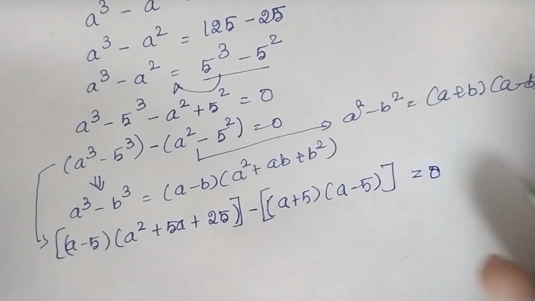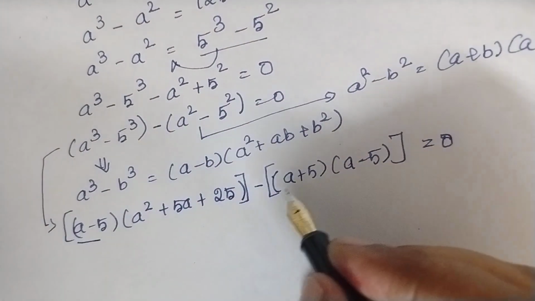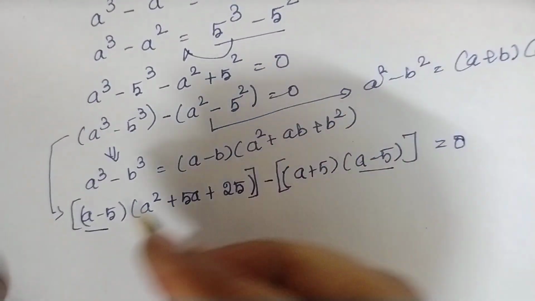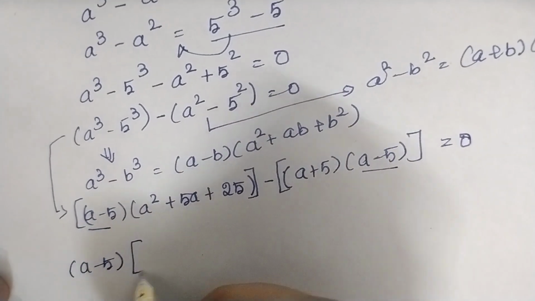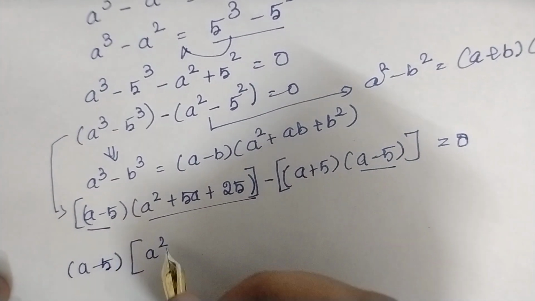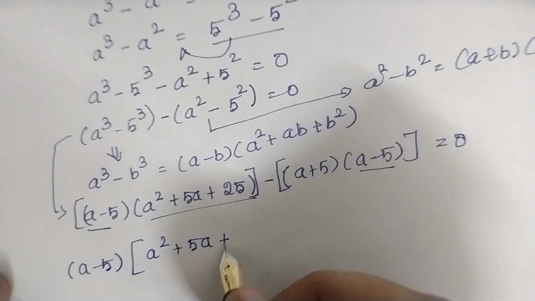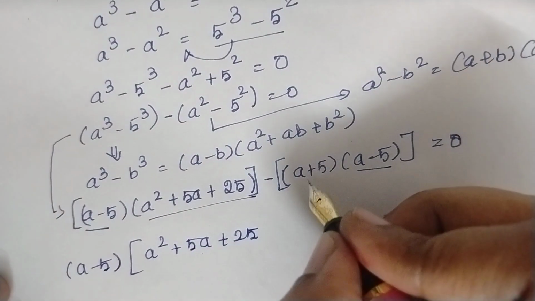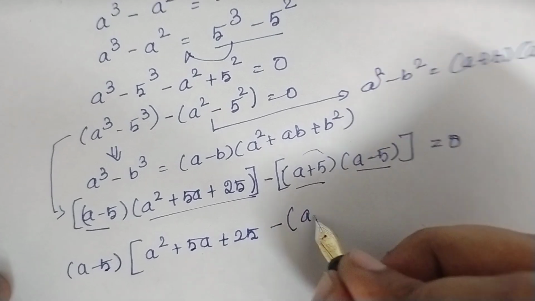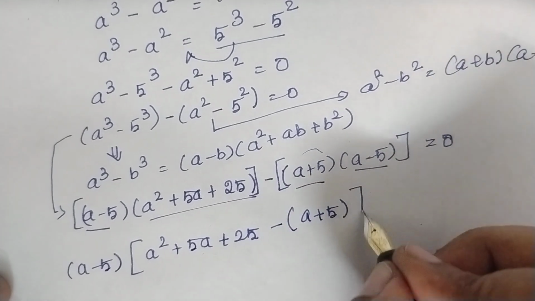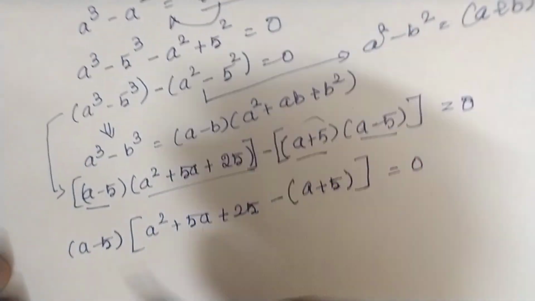which is equal to 0. So if you see here, a minus 5 is common, so take that out. So if I take a minus 5 as common, the remaining is the whole term a square plus 5a plus 25, and the remaining term is minus (a plus 5), okay, which is equal to 0.